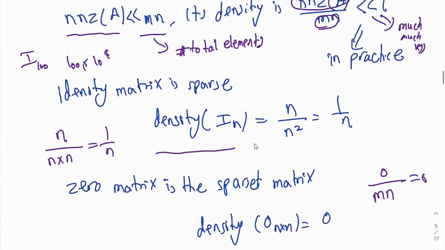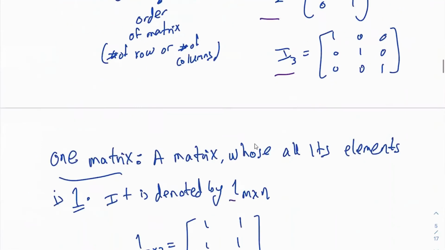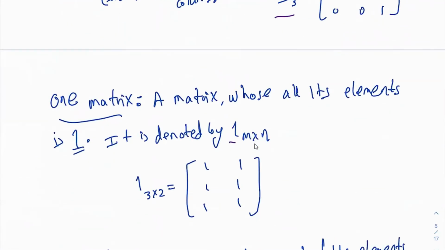So what about the least sparse matrix? The least sparse matrix is a matrix that has no zero elements, and we have a good example of that here, the 1 matrix. What's the density of a 1 matrix? Density of the 1 matrix of size m by n.